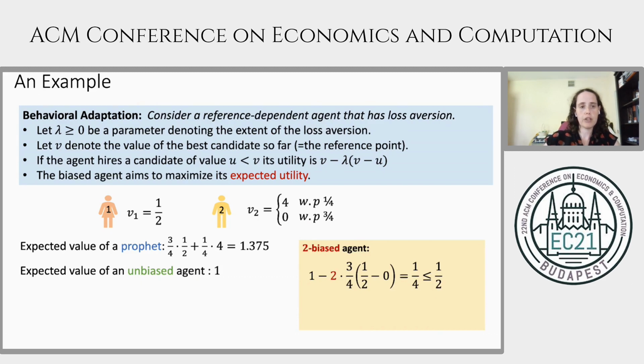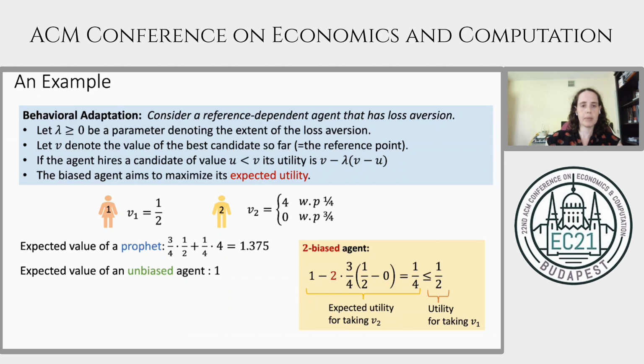Again, if he hires the first candidate, then he has expected utility and value of half. But if he hires candidate 2, then his expected utility is going to be this. First, the expected value of the candidate is 1. And then the agent is going to exhibit a loss in case the realized value of candidate 2 is 0.